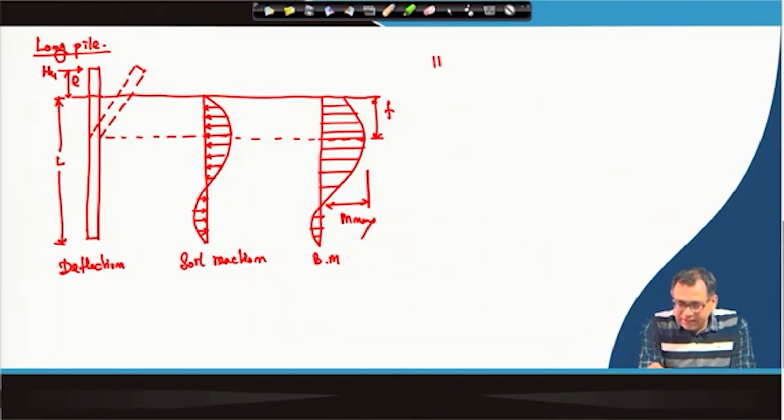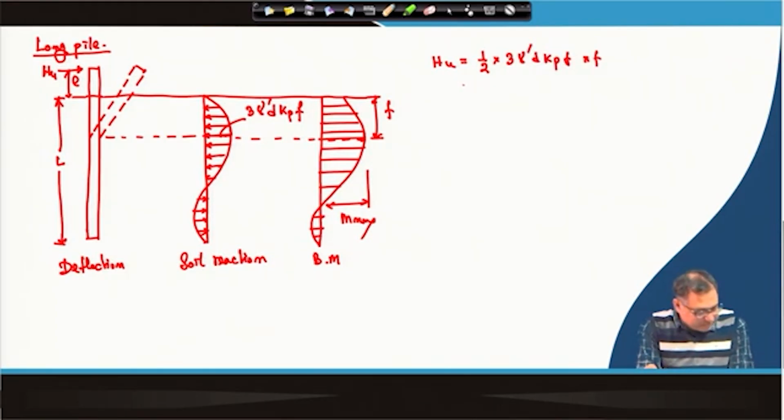So, Hu will be equal to half into 3, because here we assume the distribution is, this value is 3 gamma dash d Kp f. So, I can write this is 3 d Kp f into f. So, Hu will be equal to 2/3 gamma dash d Kp f square.